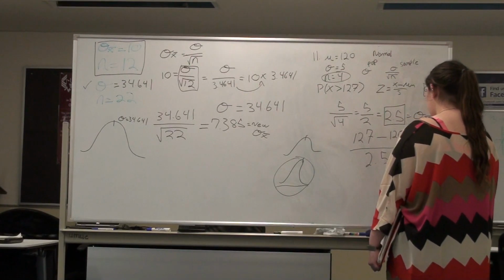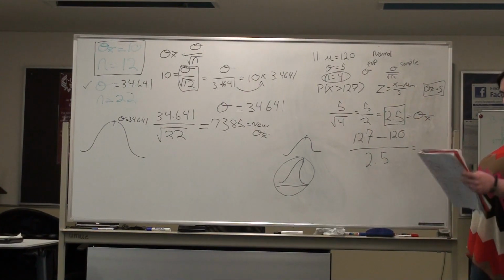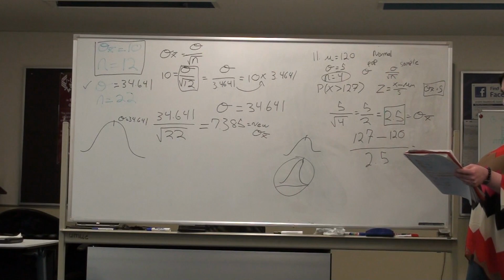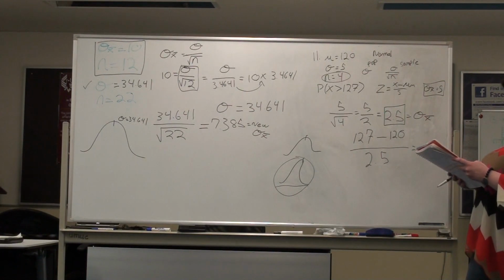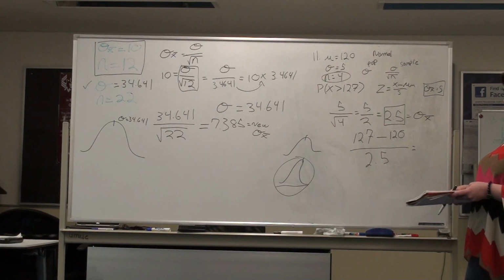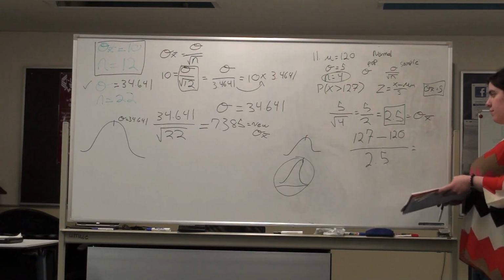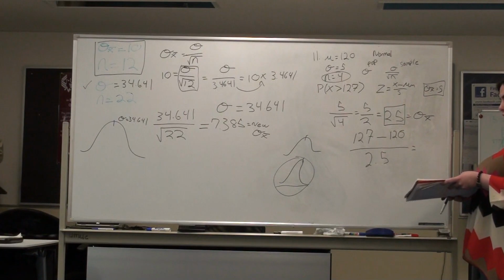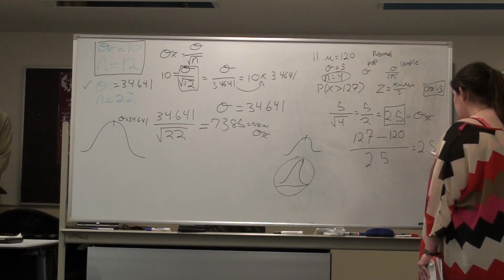So then you calculate that and get your z-score. 127 minus 120 is 7, divided by 2.5. So this is your new z-score, 2.8.